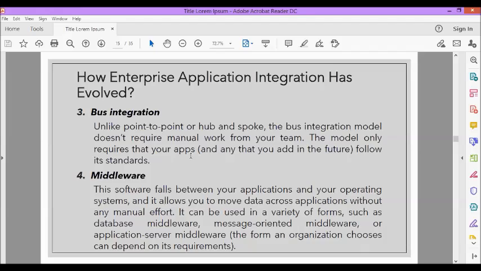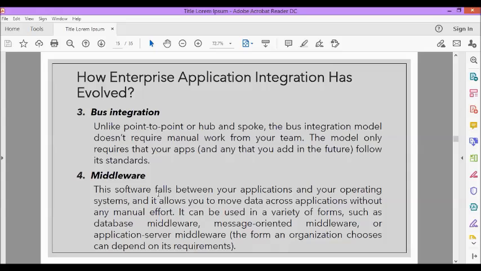Next is the middleware. This software falls between your applications and your operating systems, and it allows you to move data across applications without any manual effort. It can be used in a variety of forms such as database middleware, message oriented middleware, or application server middleware.